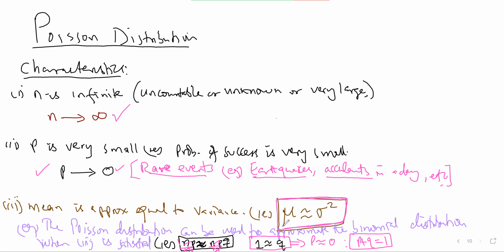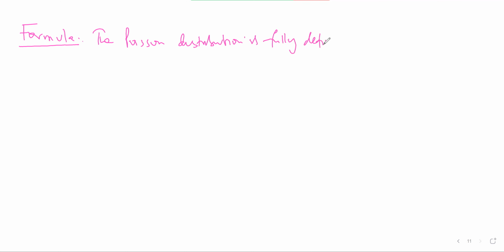Okay. Now, the Poisson distribution, so let's talk about the formula. We say that the Poisson distribution is fully defined by one parameter, the mean parameter, which we call mu.